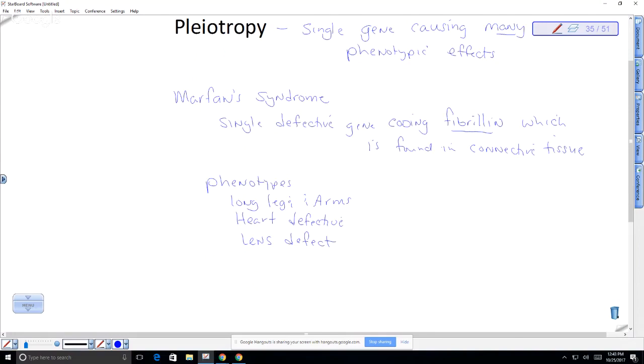Lincoln, yes, Abraham Lincoln. They did a genetic analysis on him and discovered that he had Marfan's syndrome. So the theory is that he probably would have died of a massive heart attack by the time he was 50. He might not have lived that long anyway, but 50 is pretty old actually back then, in the 1800s.